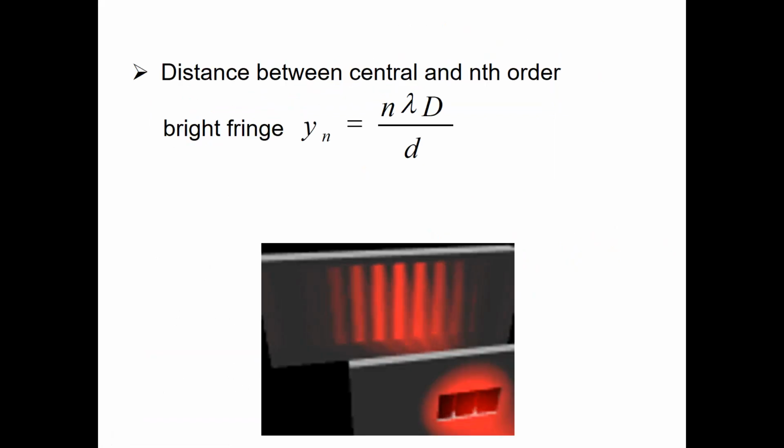In this animation, you can see that the distance between the slits is changing. This will affect the distance between the center and the bright fringe. This is the middle one, and you can see the second one together. So when d is increasing, the distance actually decreases.